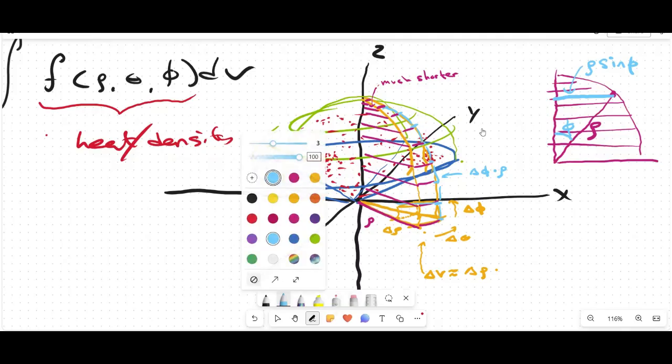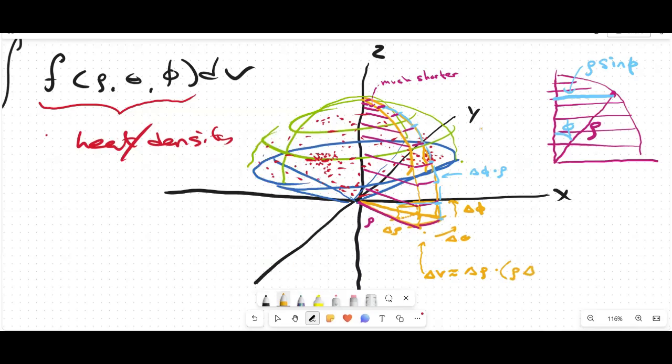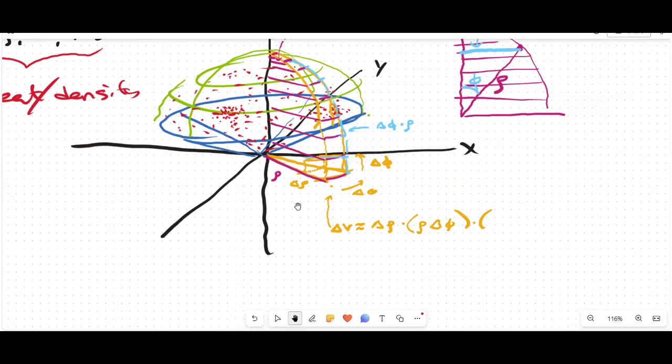So let's go down here and keep our story going. Let's go with gold again. The arc length coming from the phi change is rho delta phi. But the arc length coming from the change in theta is that blue radius, rho sine phi.